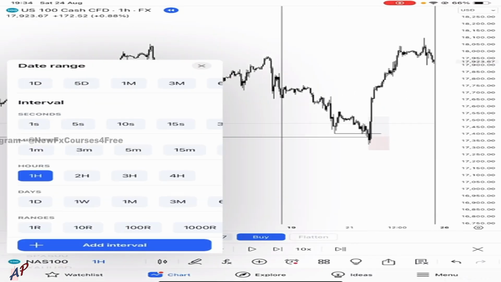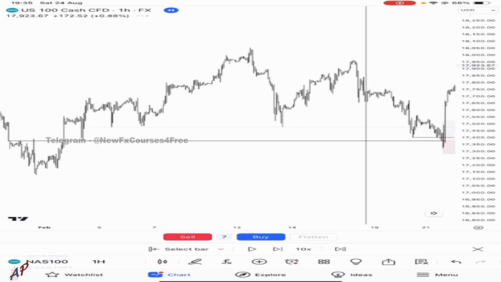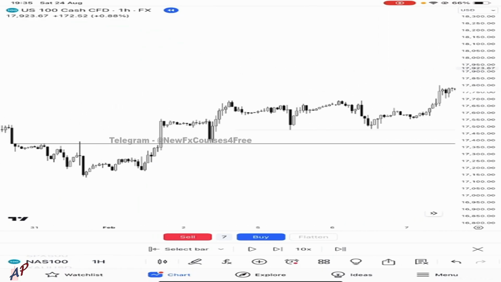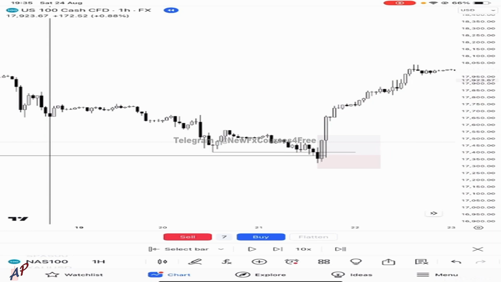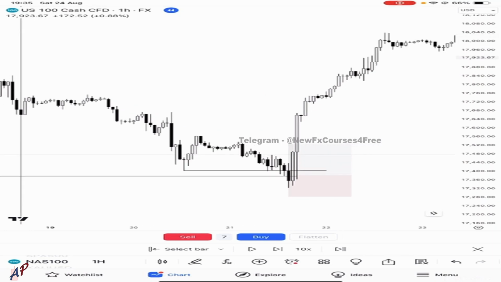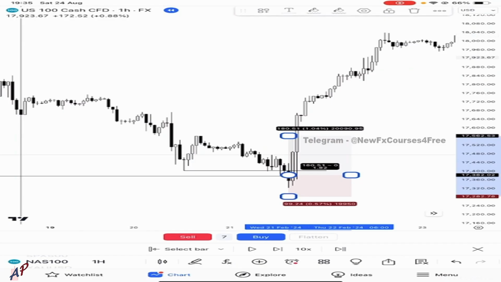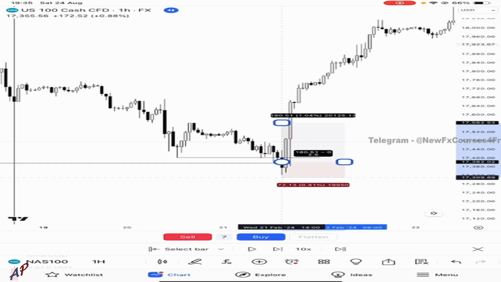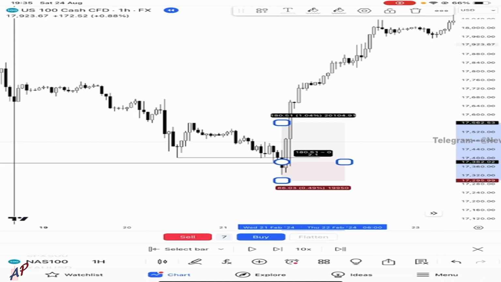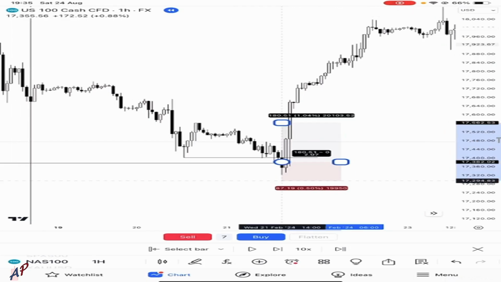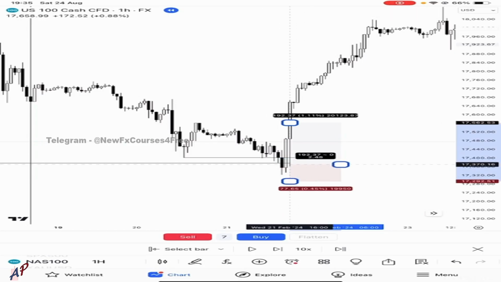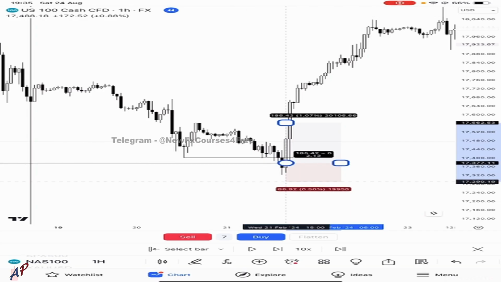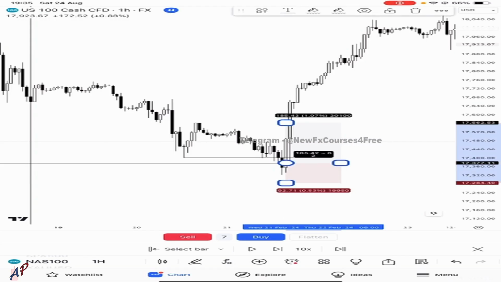So my entry was almost there, and my stop was below this. This was one of the instances where there isn't an intermediate term low. I use a blind 1 to 2, as I explained, of the range that is subbed. 1 to 2 is a good measurement to the key level.